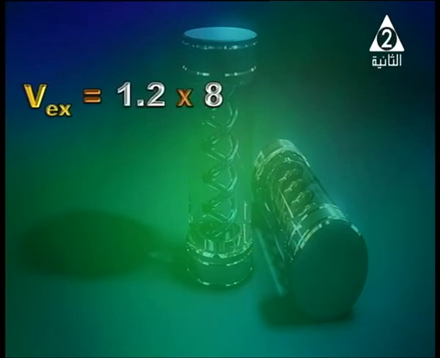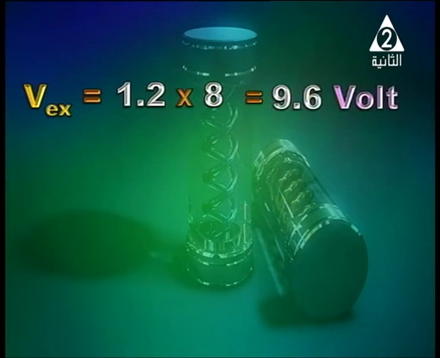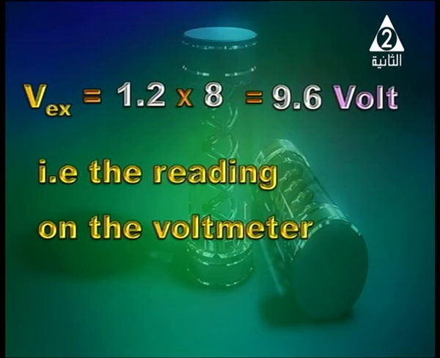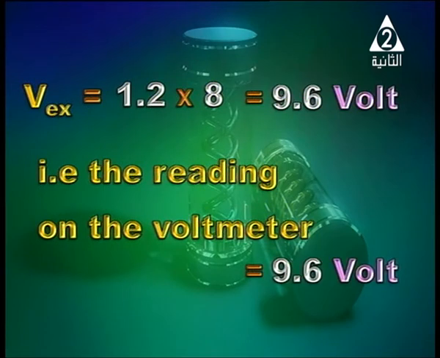And V external equals I R external, so 1.2 times 8, it is 9.6 volt. This is the reading on the voltmeter because it reads the external voltage.